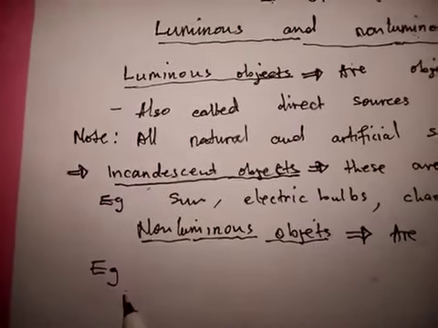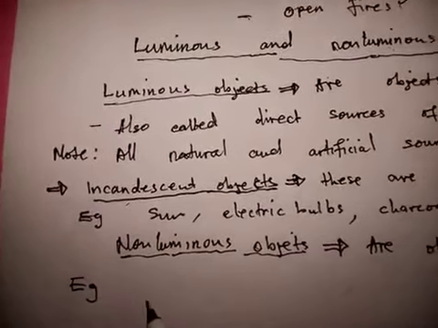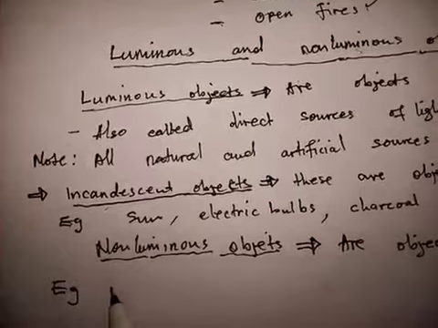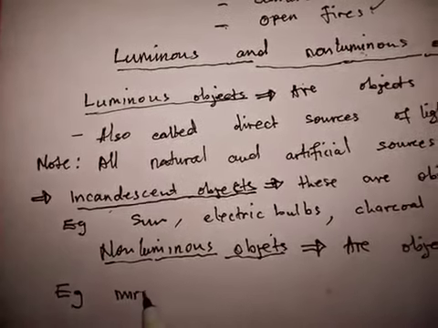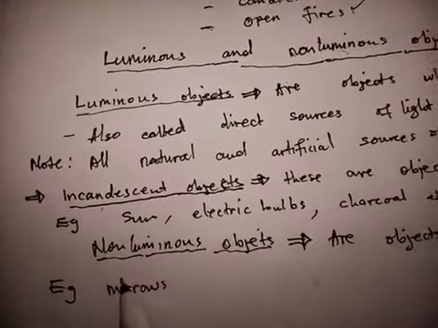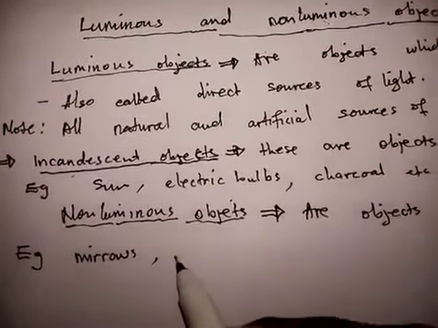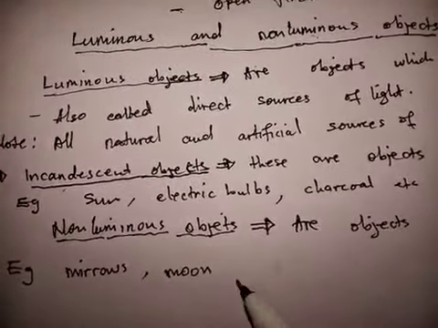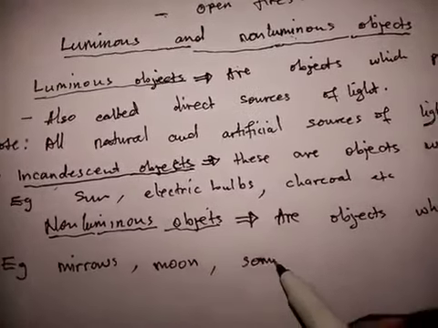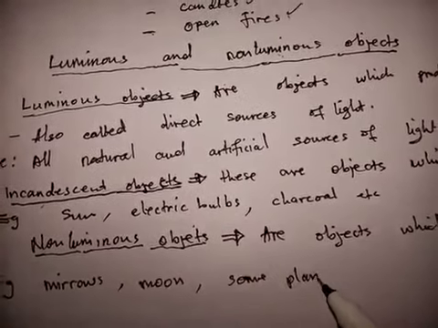Examples of these objects which do not produce their own light: we have mirrors, we have the moon, we also have some planets.